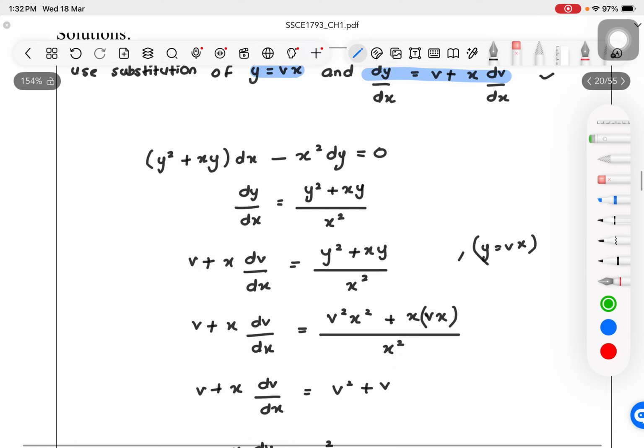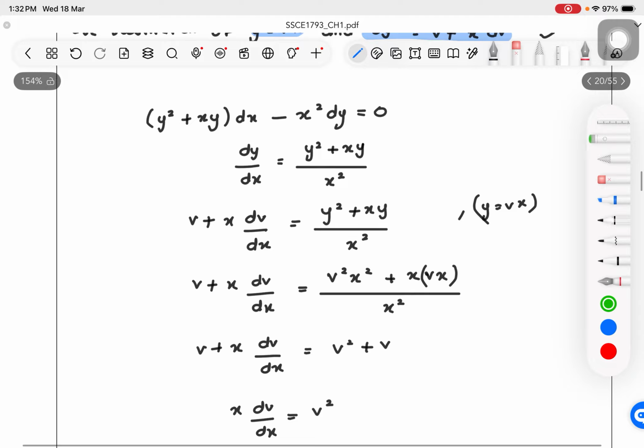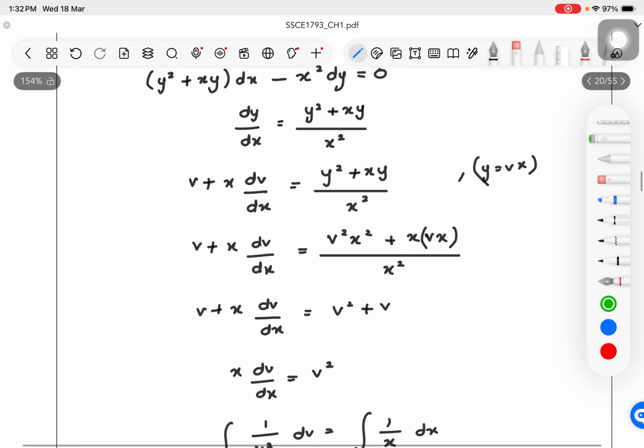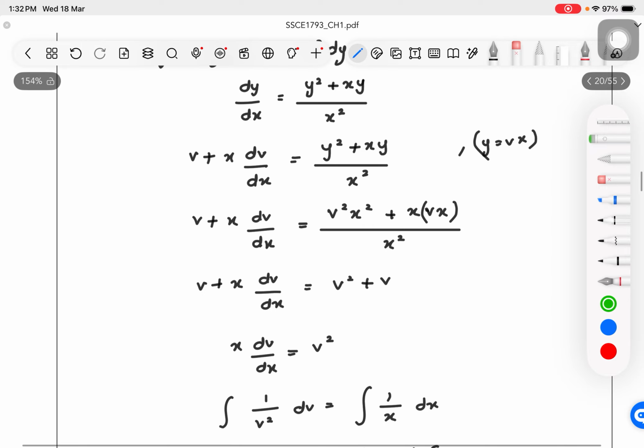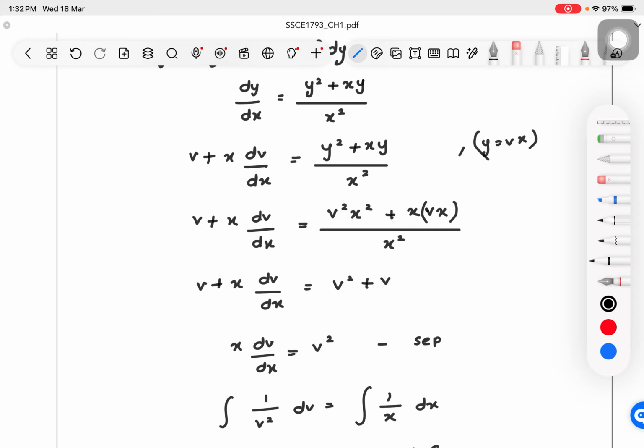Then you try to simplify. When you simplify, you know that this one can be separable. You can separate it.